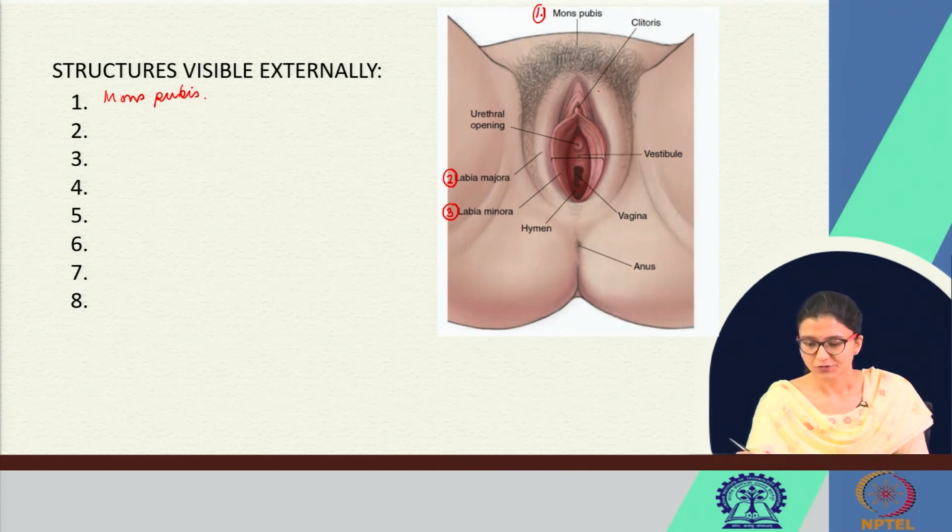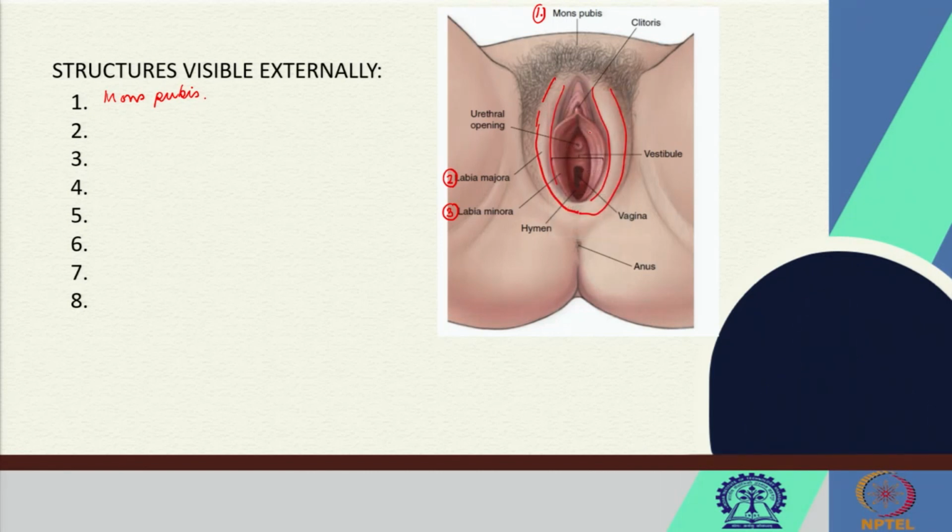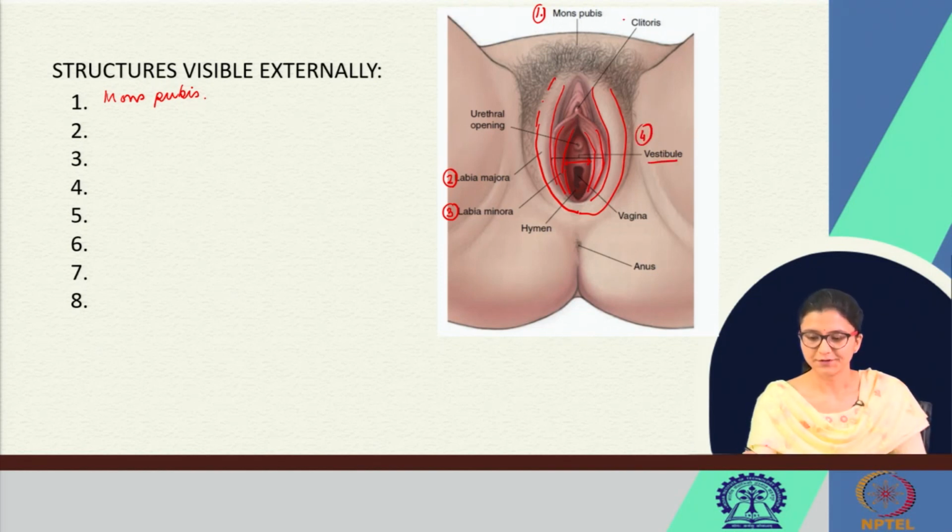4. So, this is the labia majora. Inside is the labia minora on both sides, and within the labia minora is the vestibule. 5, the clitoris. 6, the openings within the vestibule from anterior to posterior: the urethral opening, the vaginal opening and hymen which covers the vaginal opening.